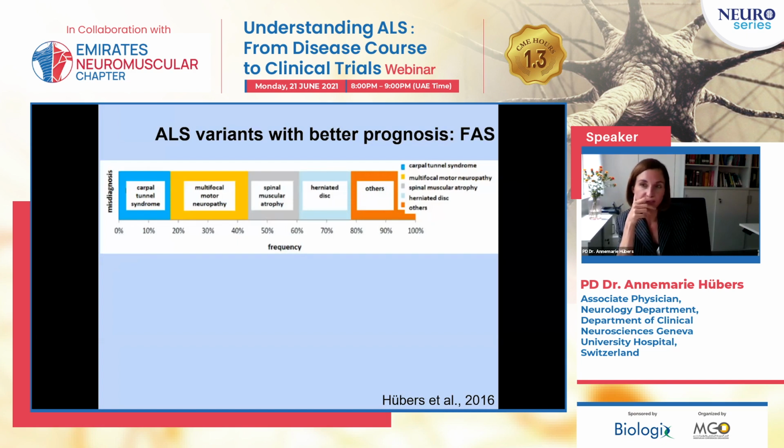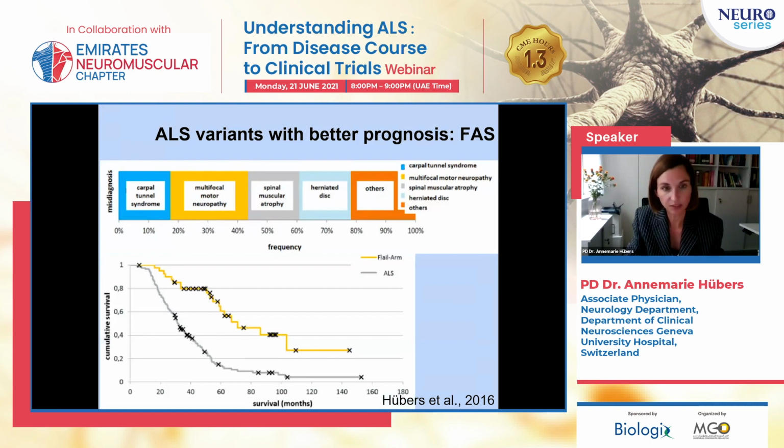Because this is maybe an atypical presentation of ALS, we could show that a lot of flail arm syndrome patients are in fact not diagnosed correctly at the beginning, most of them being diagnosed with a multifocal motor neuropathy.